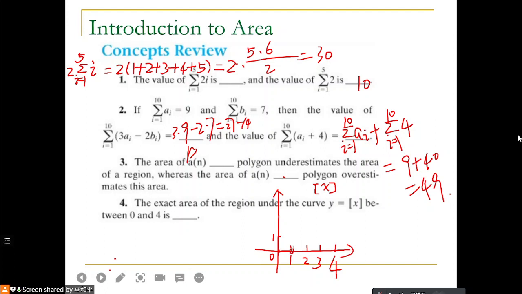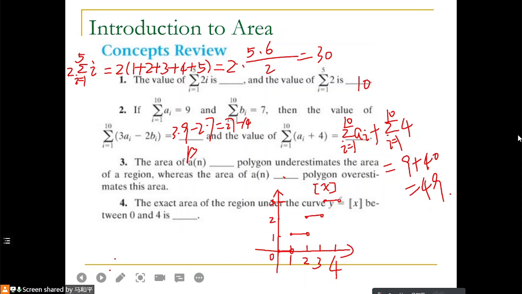This is an open circle, this is 1. On the interval 1 to 2 it is equal to this one. 2, 3, this is equal to 2. And 3, 4.